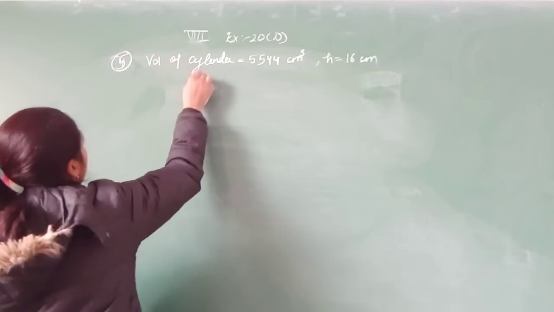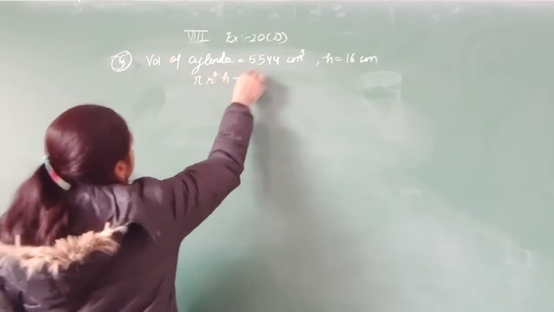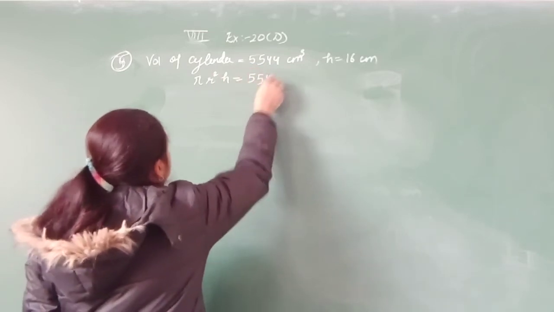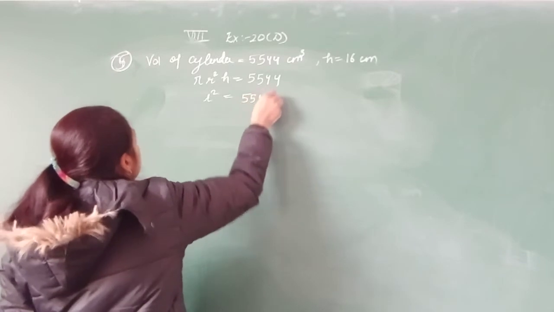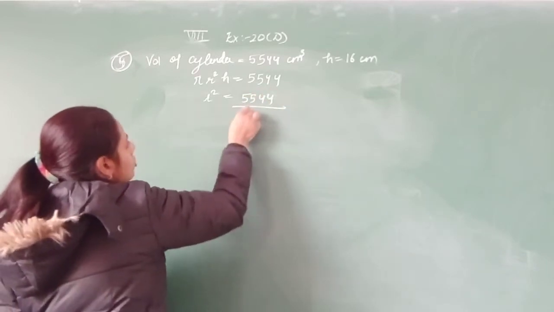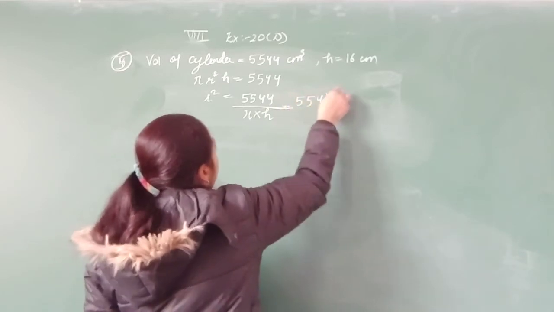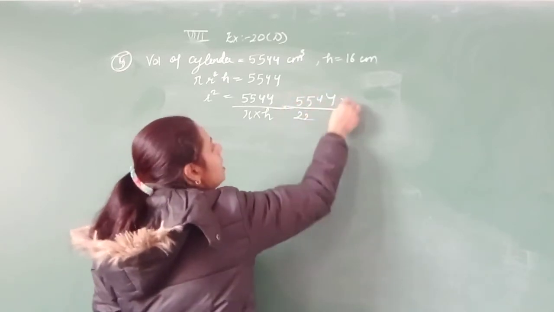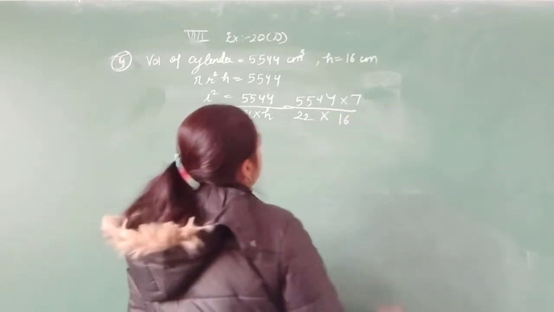As you know that the formula of volume of the cylinder is pi r square h. So r square will be 5544 divided by pi and h, and put the value here of pi. Pi is 22 by 7 and h will be the 16, and you have to simplify it.